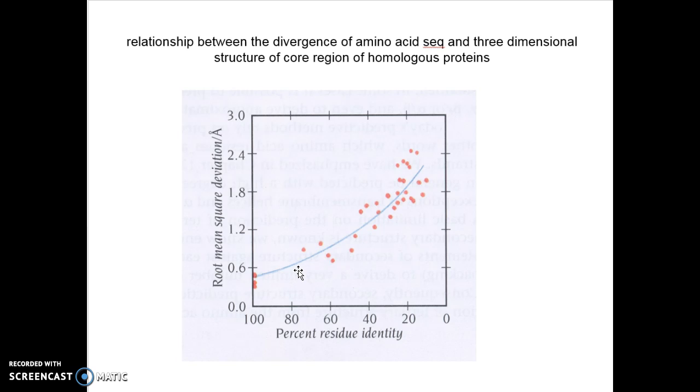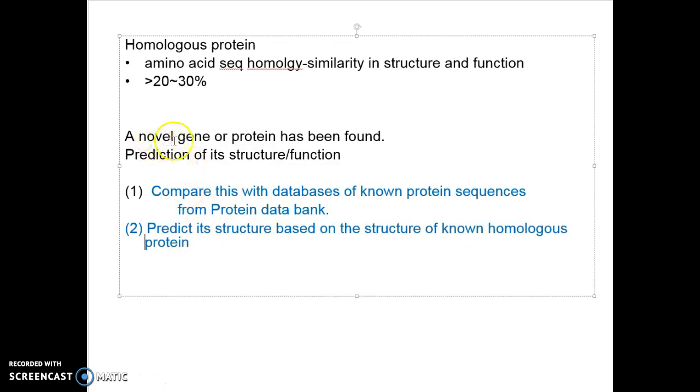The more distantly related two proteins are, the more the scaffold must be adjusted to model the new structure. When a novel gene or protein is found, how can we predict the three-dimensional structure of such a new protein based on its residue sequence?